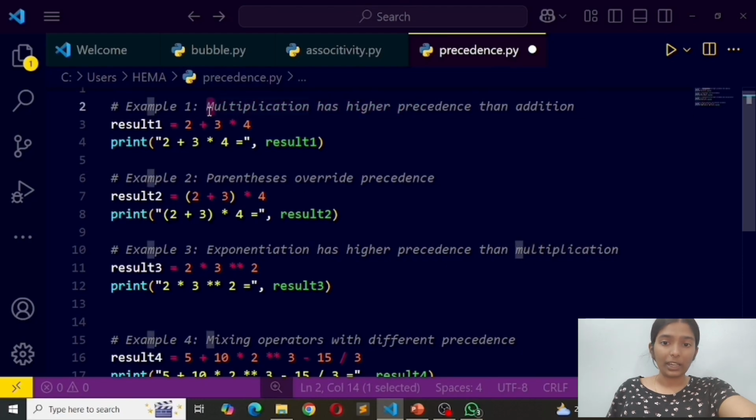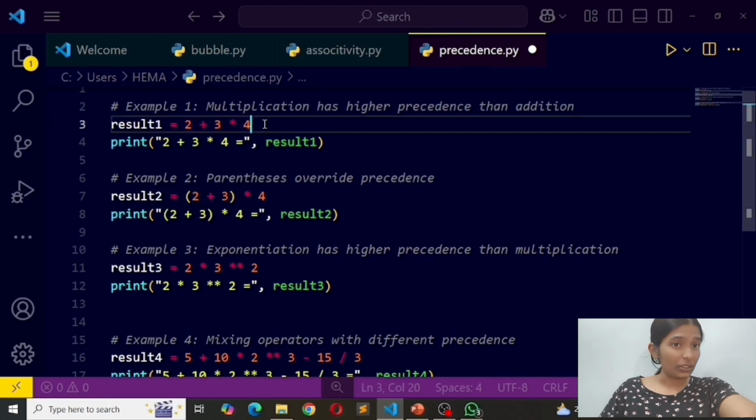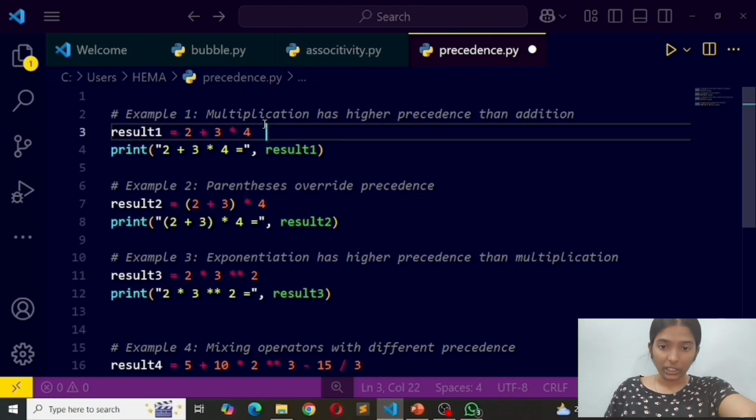As multiplication has higher precedence than addition, first 3 into 4 gets executed. That means 3 into 4 is 12, plus 2 is 14. So here our output is equal to 14.